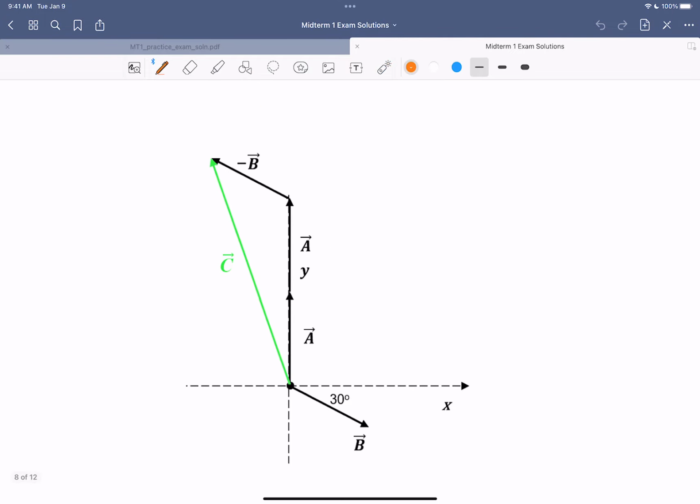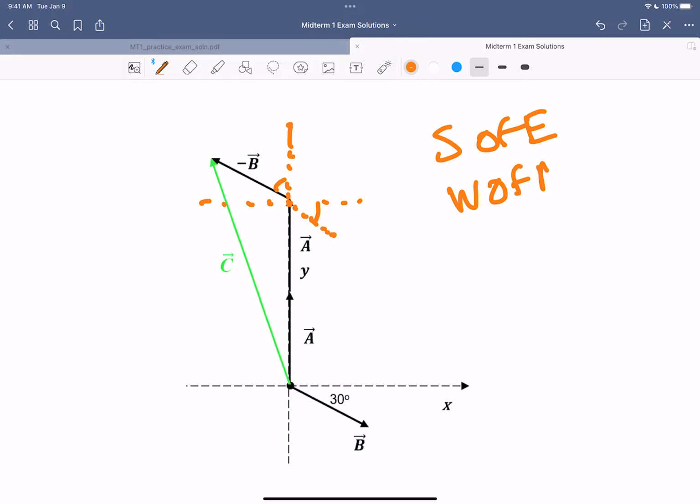Because if I were to draw a makeshift little coordinate plane here, right? If this was 30 degrees south of east, this should be 30 degrees west of north. So south of east, right? West of north. So you can see here that the directions are flipped. East, west, south, north. See what I mean?